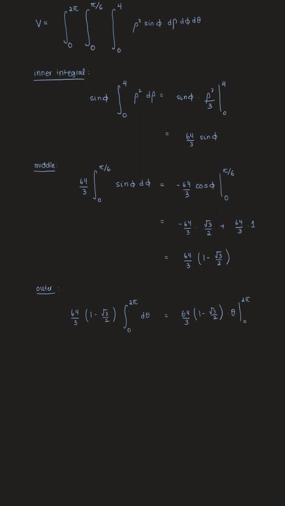And so it will be what we had before times 2 pi. I'm going to multiply the 2 inside, so we're going to have 64 pi over 3, and I'm going to multiply 2 throughout the inside, so I can write that as 2 minus square root of 3. And there's our final answer, and this is in units cubed because it gave us the volume of this ice cream cone.